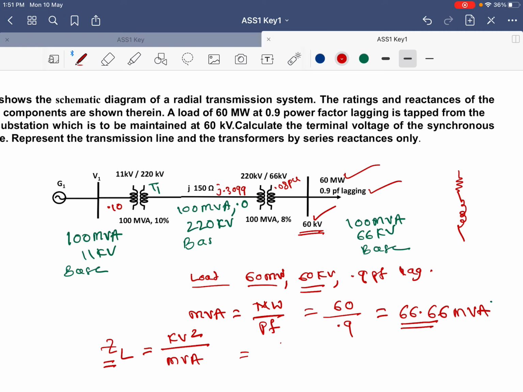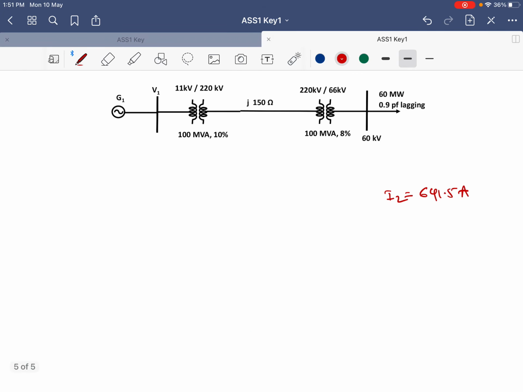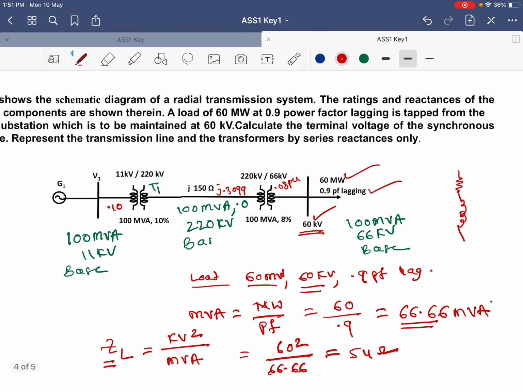kV is 60, that is 60 square divided by 66.66. Therefore, you are getting the load impedance as 54 ohm. That I'll also write down here: ZL is 54 ohm. Okay.